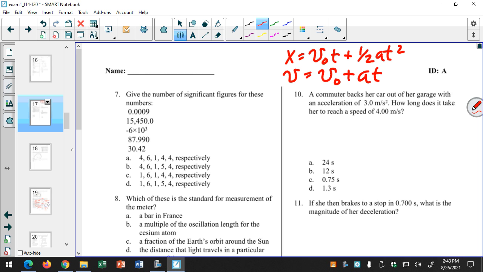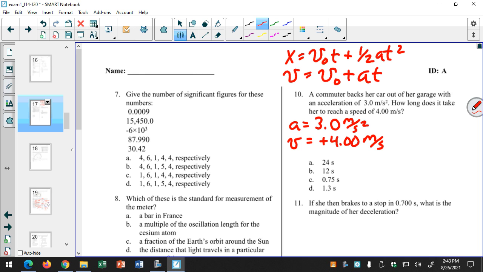So first I just want to write down the things that I know. I know that the acceleration is 3.0 meters per second squared. I don't know if it's positive or negative. It sort of depends on the frame of reference that you choose for this and the coordinates that you assign to it. I'm going to let it be positive for now. Let me show you why. Because I'm going to say that v is also equal to positive 4.00 meters per second.